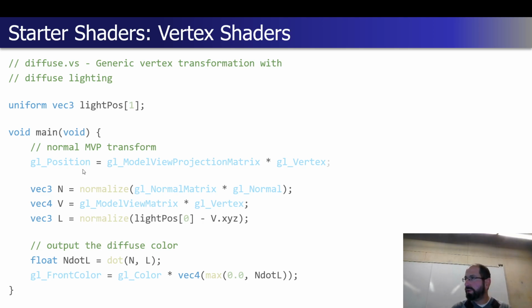Given an input position, provide at least an identity transform of it, calculate an output position here. So that line or some version of that line, depending on what version of GLSL and OpenGL you're looking at, is going to be resident in all of your vertex shaders that have anything to do with real 3D geometry here.